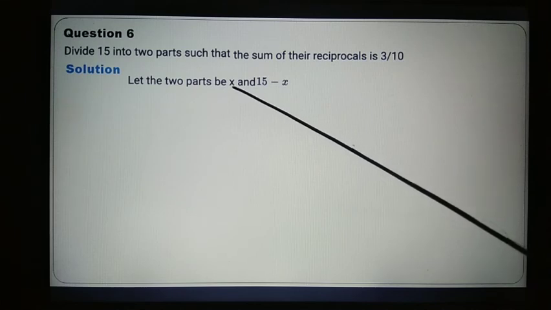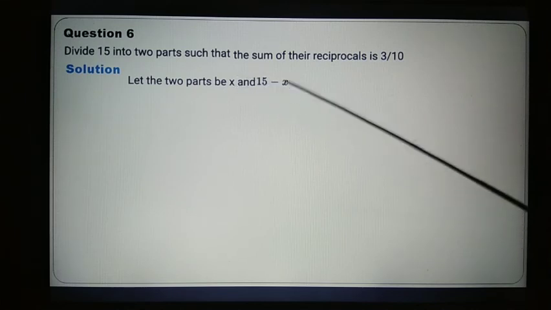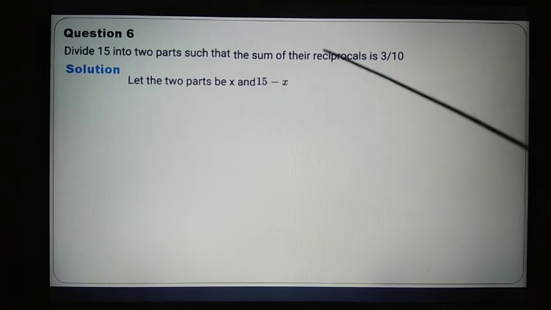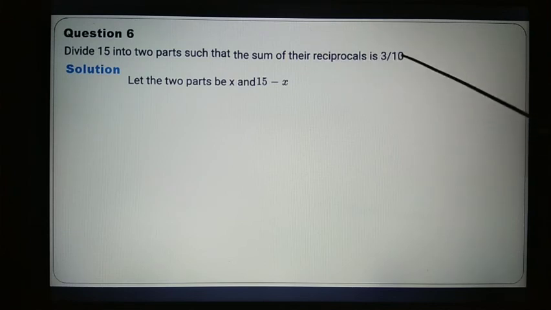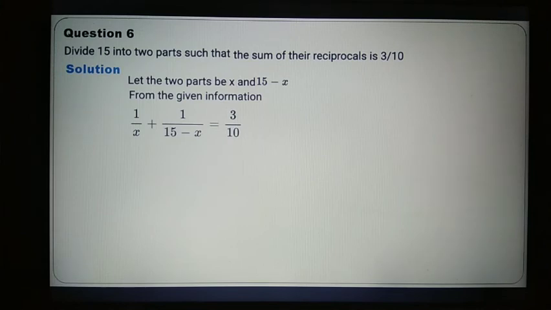So that's why its reciprocal is 1 by x and its reciprocal is 1 by 15 minus x. So when I add them, my answer has to be 3 by 10. So from the given information, I'll get this one. So after this, your job is to solve it, okay, and complete the sum by yourself.